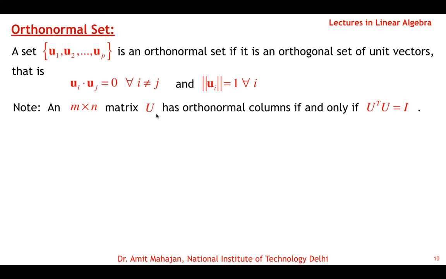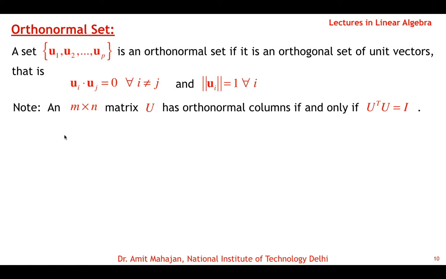So an m cross n matrix will have orthonormal columns if and only if U transpose U is I. Clearly, if U has orthonormal columns, say u1, u2, up, and I take the transpose and multiply with U, then the diagonal elements will be u1 dot u1, u2 dot u2, up dot up, which are 1, 1, 1 because the length is 1, and the non-diagonal elements involve a pair of distinct vectors, so they end up with 0. So it gives us an identity matrix.